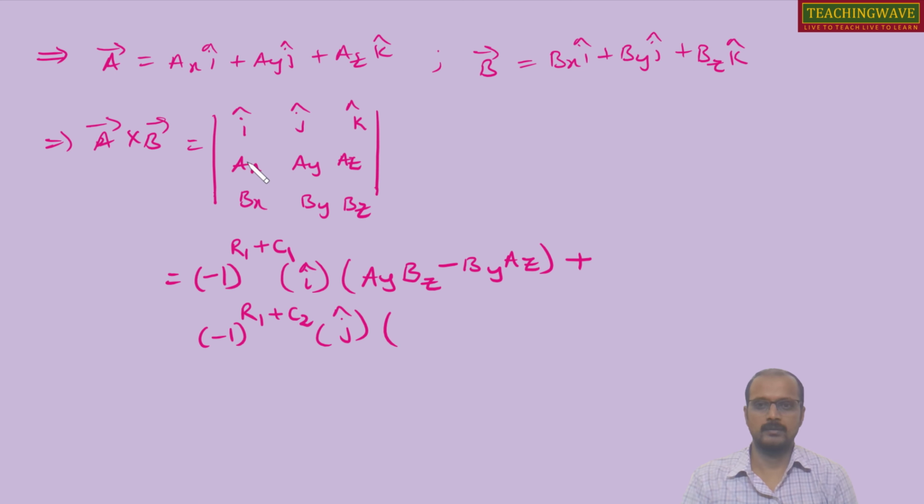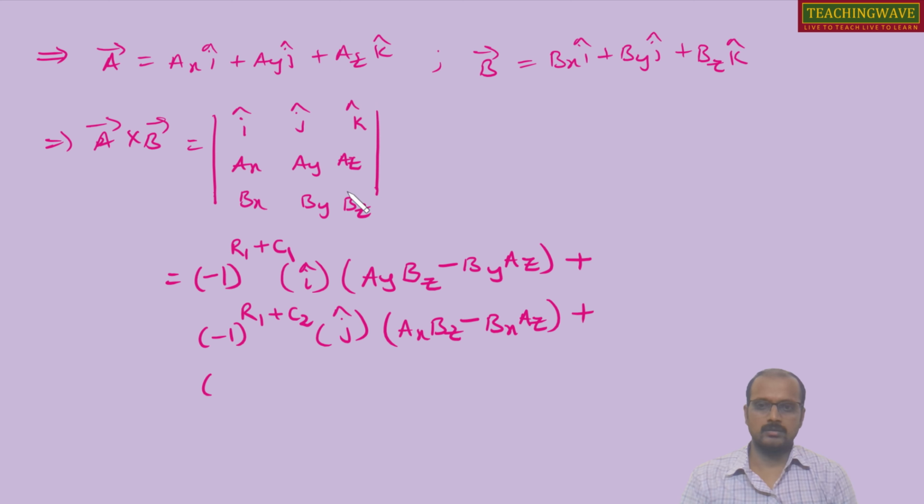The remaining things are a_x, a_z, b_x, b_z, so first multiply a_x b_z, minus the reverse order b_x a_z.